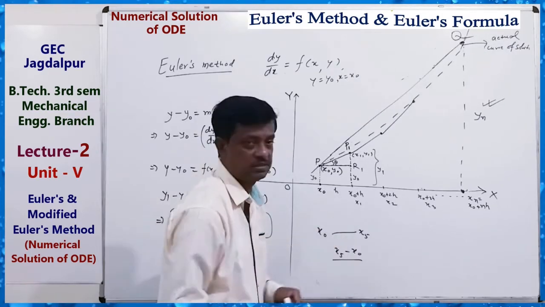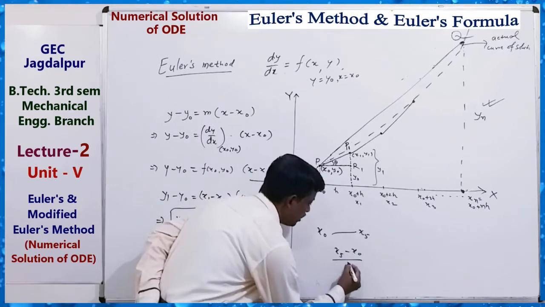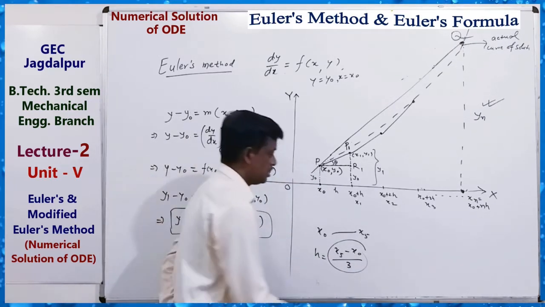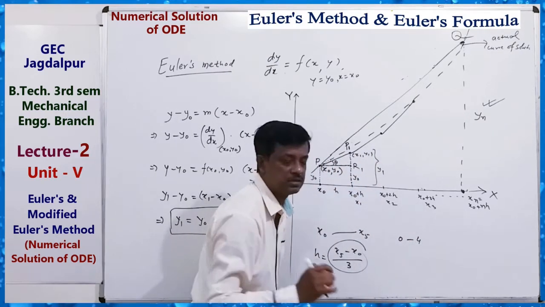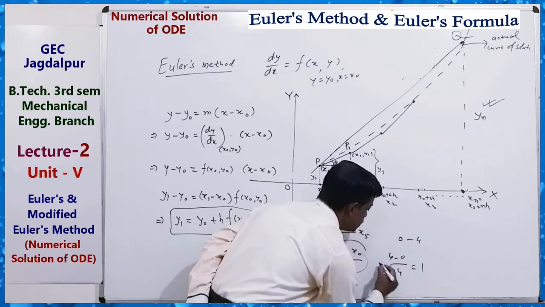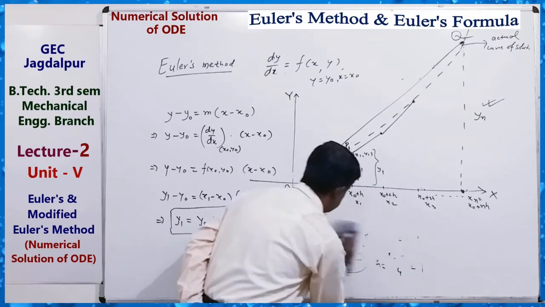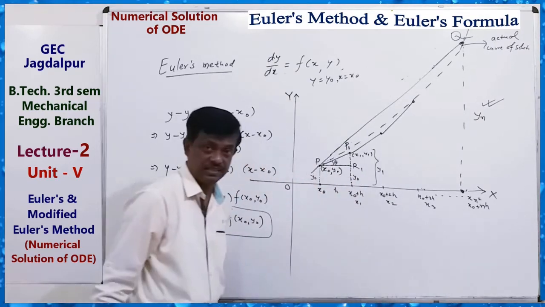Suppose 3 parts, then this will be the value of h. Just like 0 to 4 divided into 4 parts: 4 minus 0 upon 4 equals 1. So h equals 1. By this formula, we find the value of h.